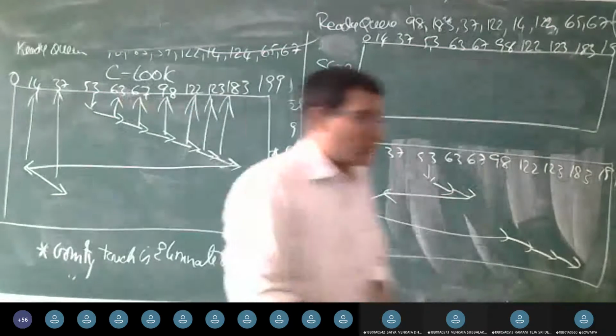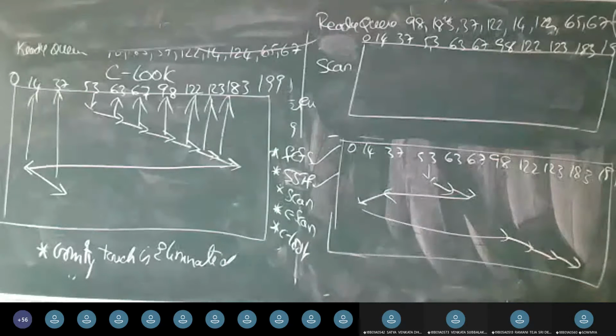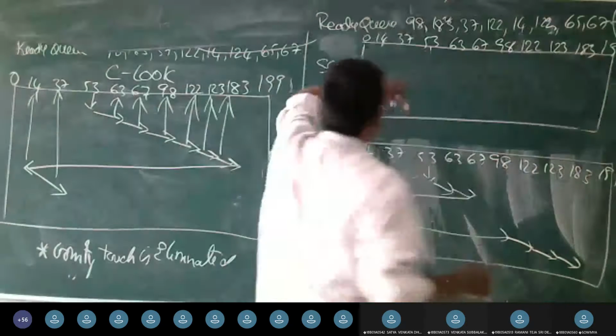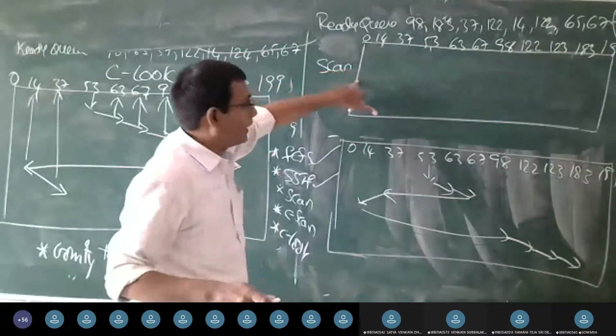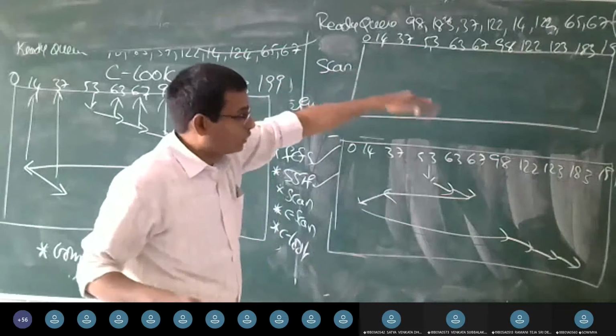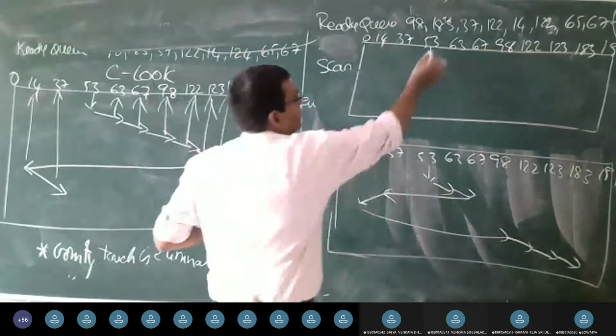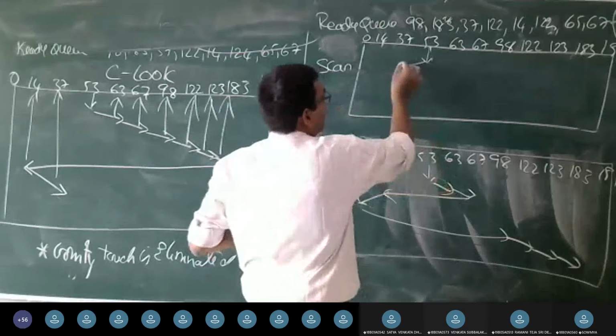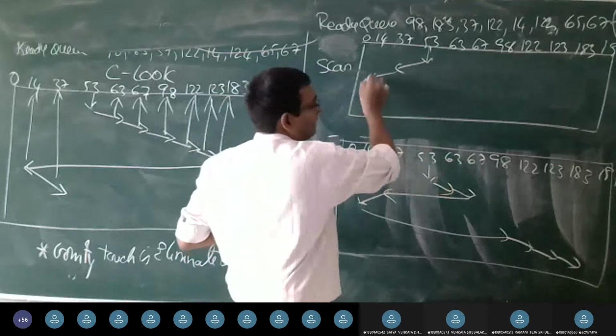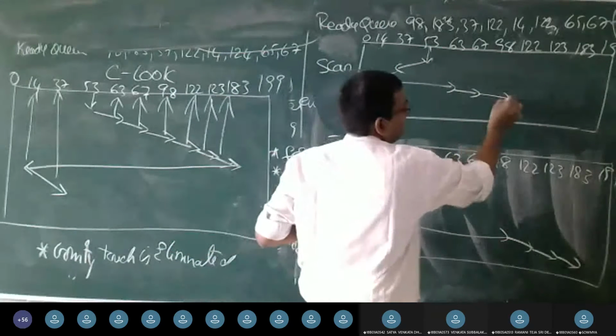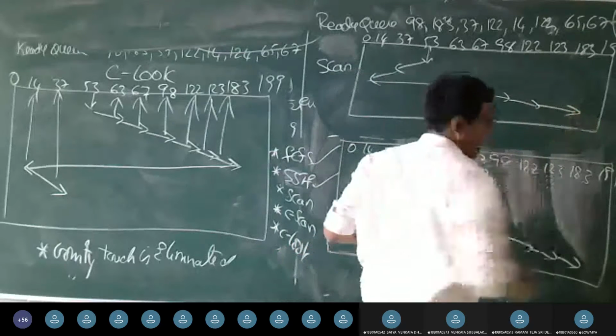So what is the principle of SCAN? It goes until the lower boundary, then it moves to the upper side. It is going to take 53, 37, 14, then 65. In this way, it is going to move up.